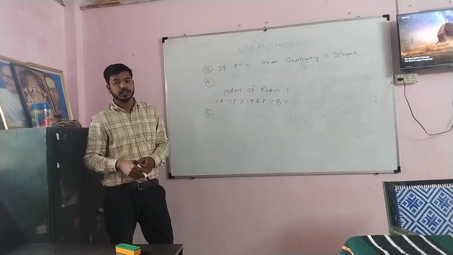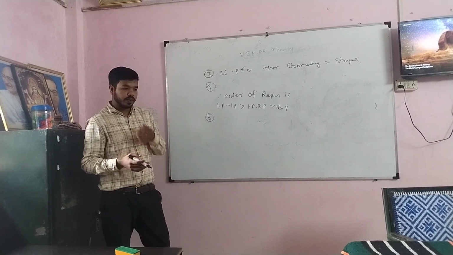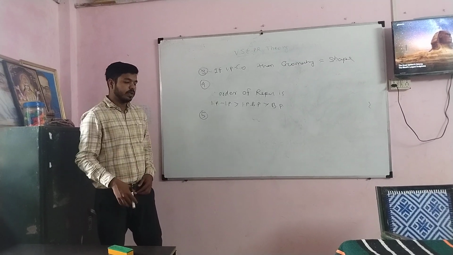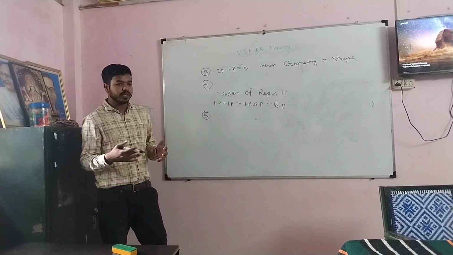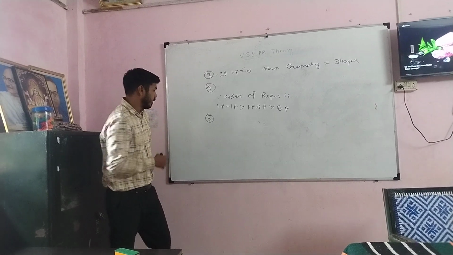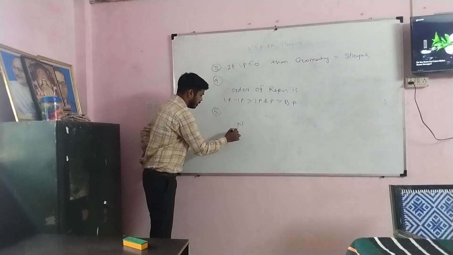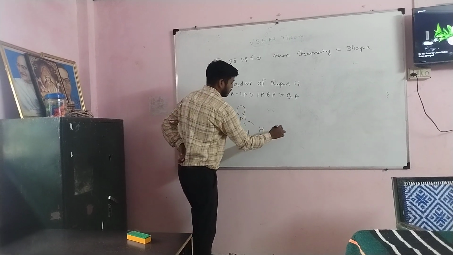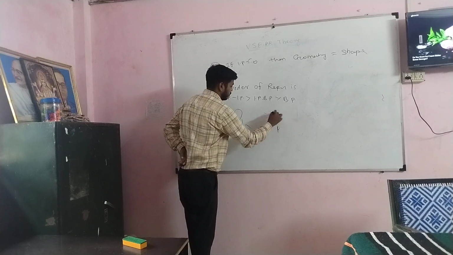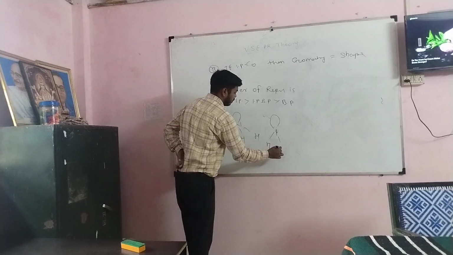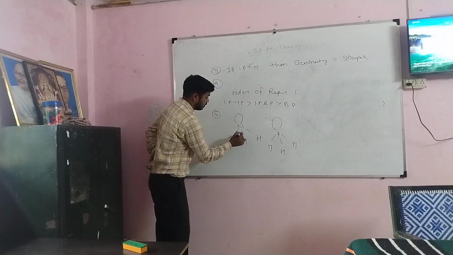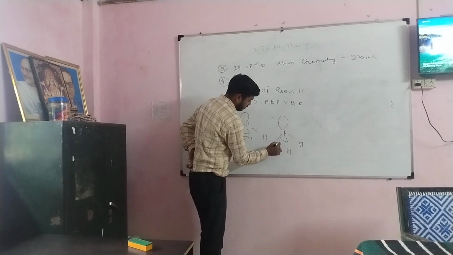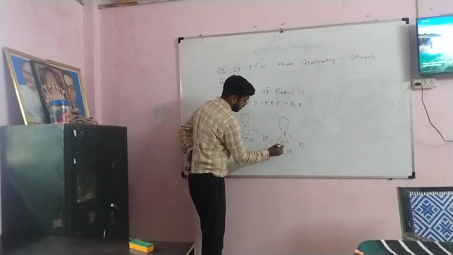Fifth, if the central atom is electronegative, then it pulls the bond pair of electrons toward itself. So it increases the repulsion between them and also increases the bond angle. For example, in the NH3 molecule and PH3: in NH3 the bond angle is 107 degrees, while in PH3 the bond angle is 93 degrees.